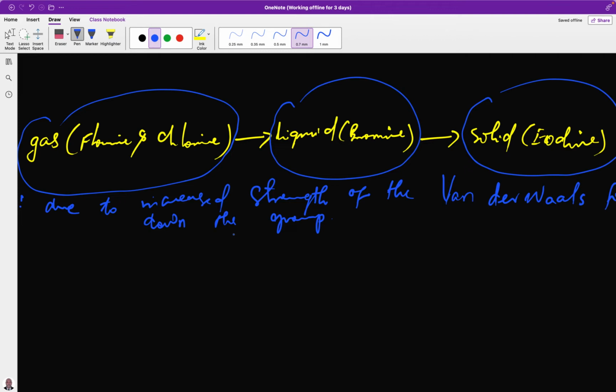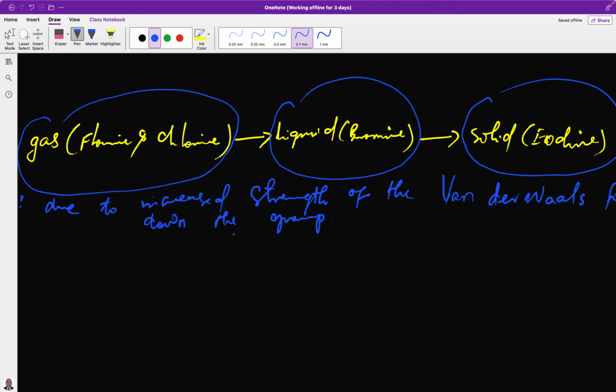It should be noted that the strength of the van der Waals forces will increase with increasing number of electrons. As the molecular mass is increasing, the number of electrons is also increasing, and in the same way the van der Waals forces are increasing.